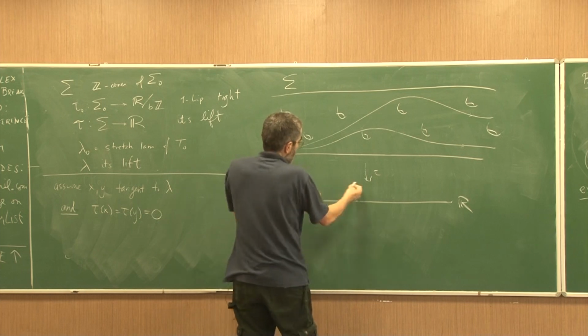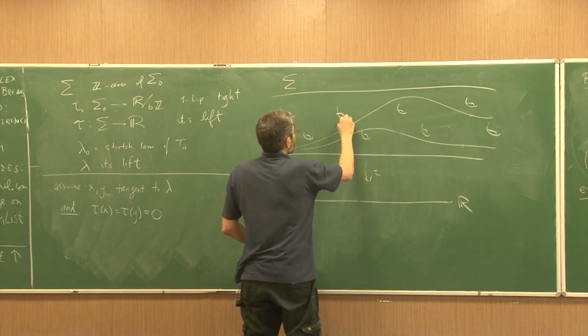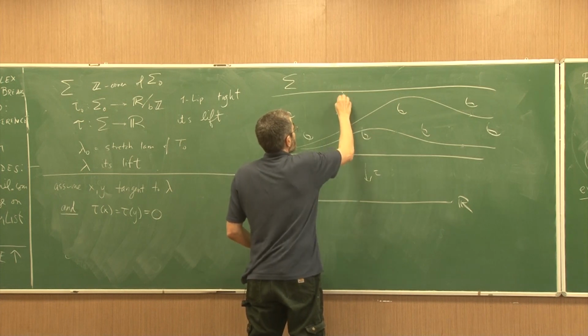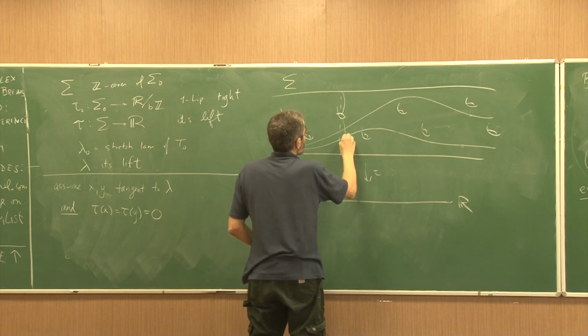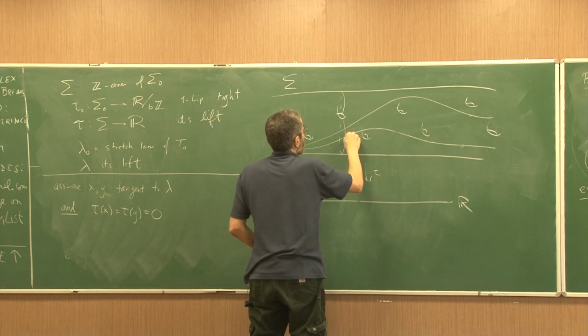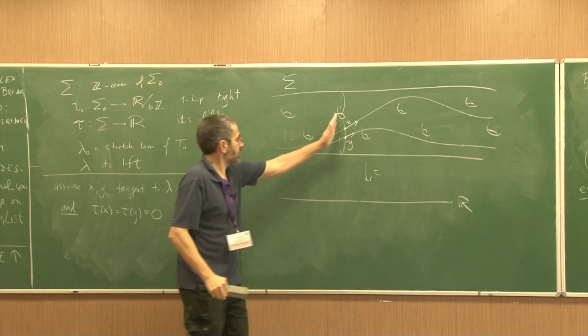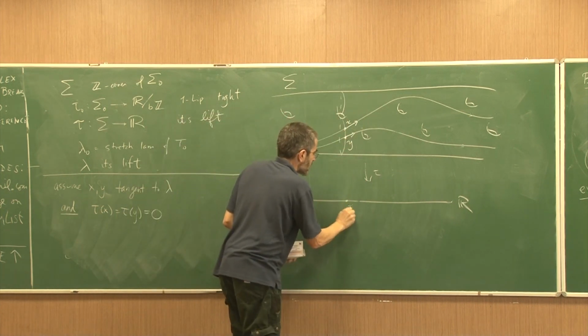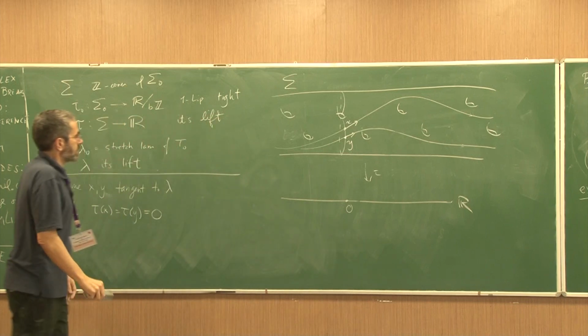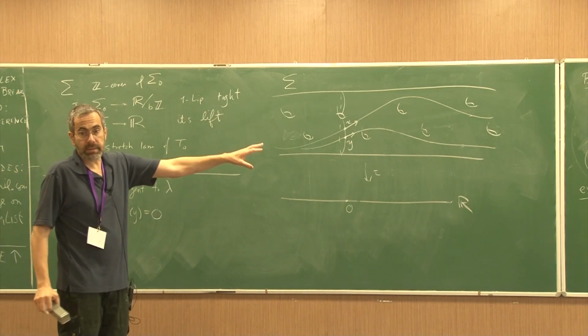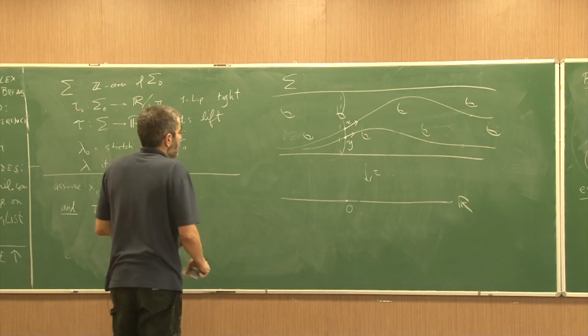And then tau inverse of 0, the fiber over 0, is some subset. Let's just assume it looks nice like this. Doesn't matter that much. So I'm assuming that both X and Y are tangent to this lamination over the point 0. Okay, this is just to make things concrete. And then I want to study this set Z of Y X.